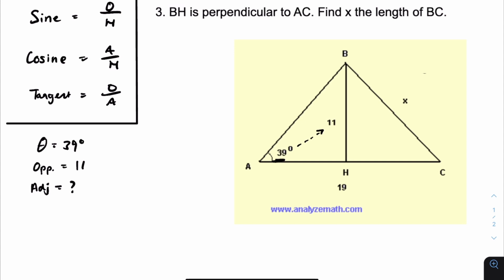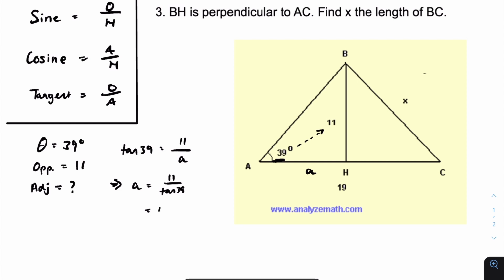Now we have the opposite and we want to find the adjacent. So tangent seems like a very, very viable way to go. So we know that tan 39 is equal to the opposite over the adjacent, which is, not x actually, I'm going to name it a. This length is a. So a is equal to 11 over tan 39, which is equal to, and then let's put this into our calculator, tan 39.